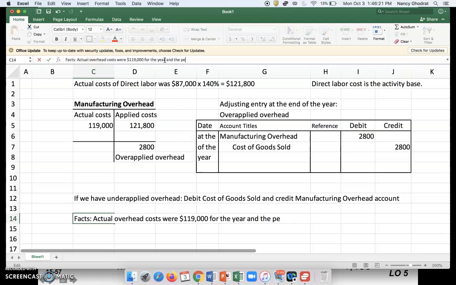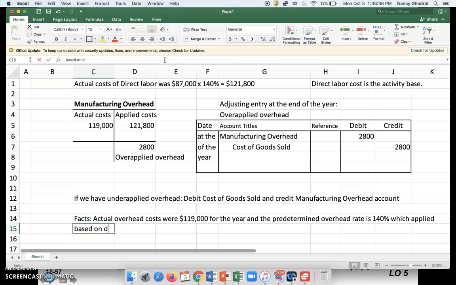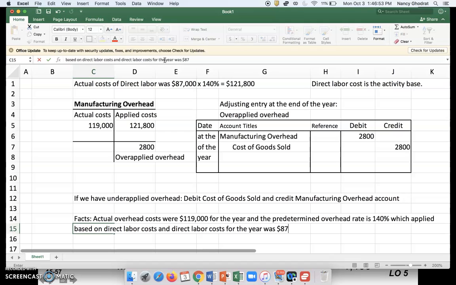And the predetermined overhead rate is 140%, which is applied based on direct labor costs, and direct labor cost for the year was 87,000. So now that we have the facts, I can go over the example.